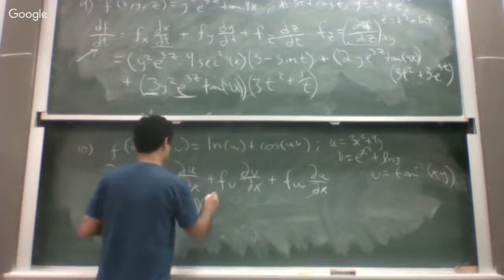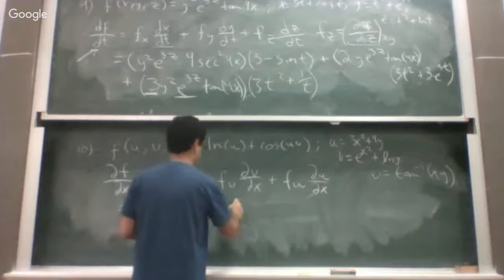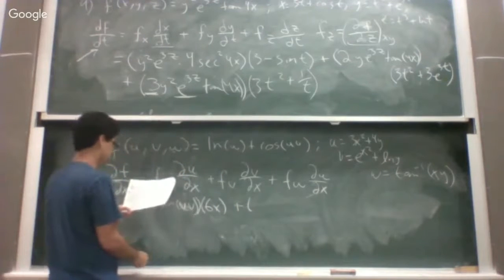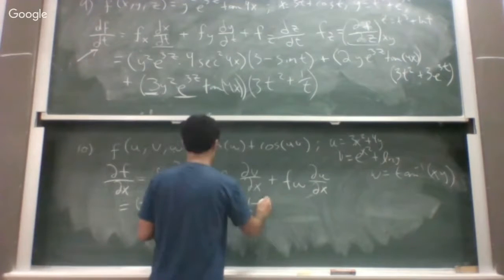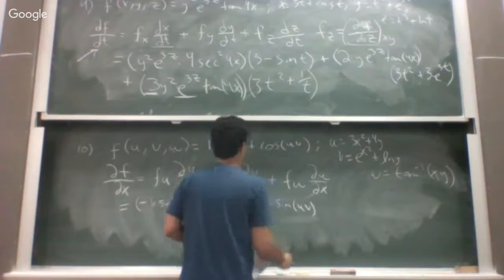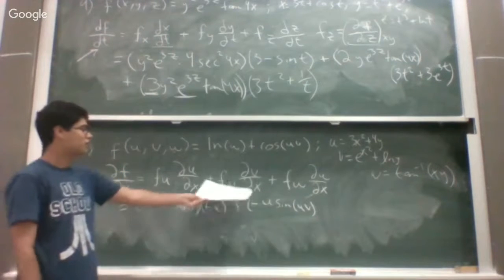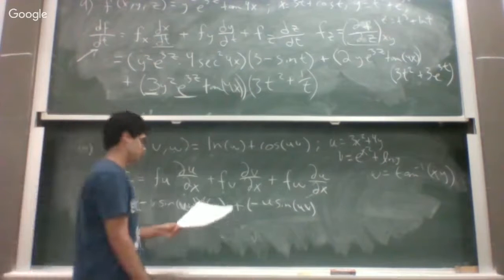That's du dx, the partial. Plus what? Negative u sine of uv. We're not even looking at the natural log of w because in all of these it's kept as a constant, so the derivative goes to 0.